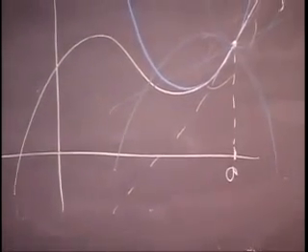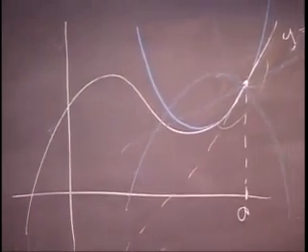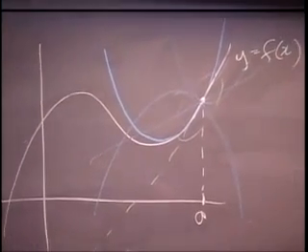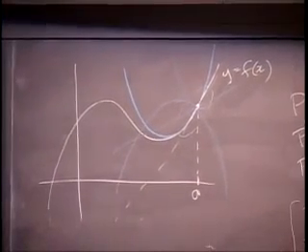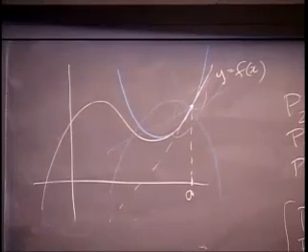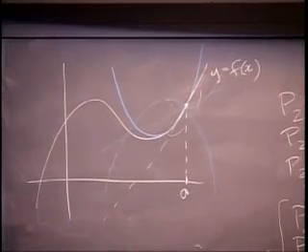You'd use a different blue curve. There's a different blue curve for every point. So it's only when you're investigating the behavior near a certain point, but not at it, that this becomes useful.